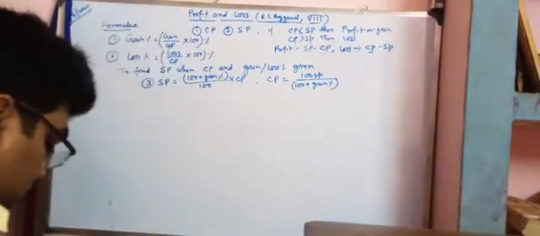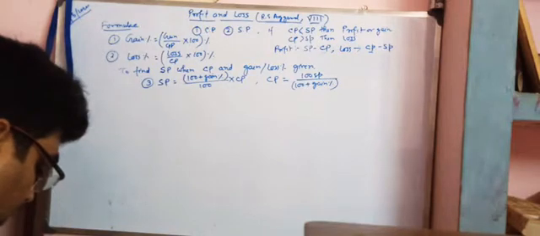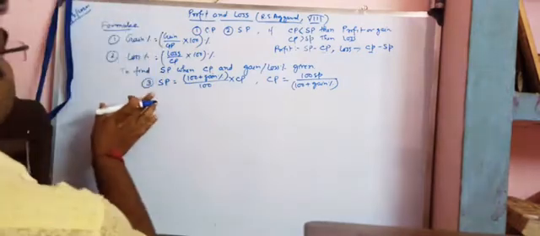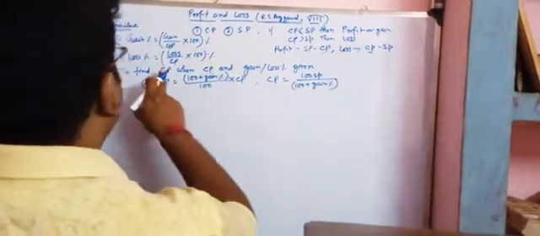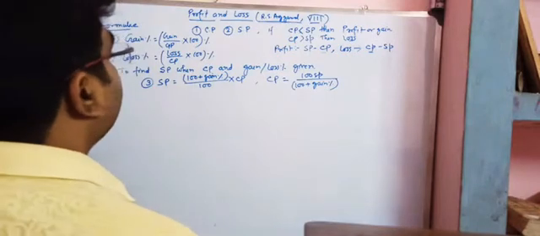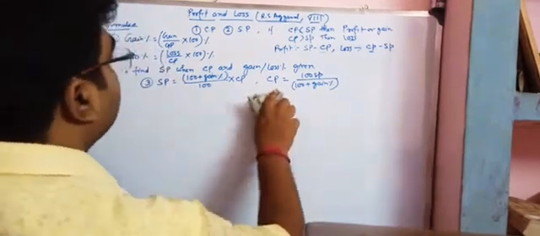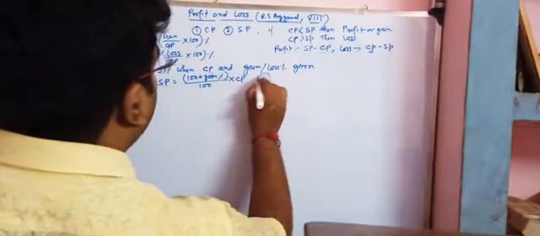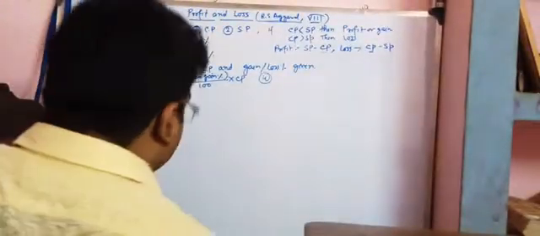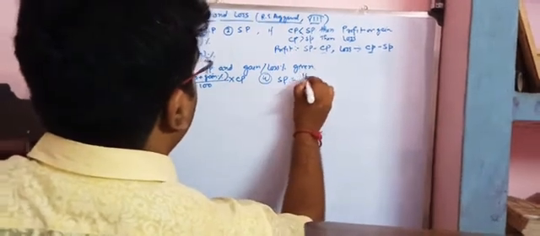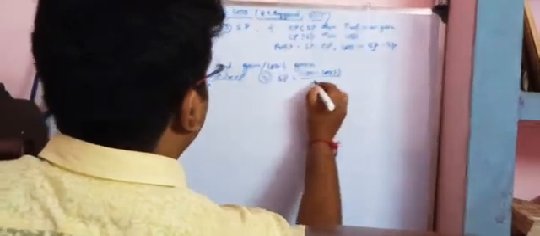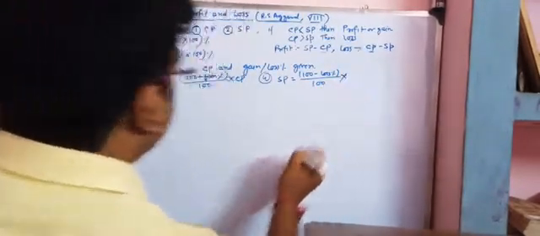Okay. Sorry, we have to find the SP when CP and gain percent is given, so we can't write this here. We have to write this later. Now, if the loss percent is given, what will be my formula? If the loss percent is given, my SP is equal to 100 minus loss percent by 100 into CP.